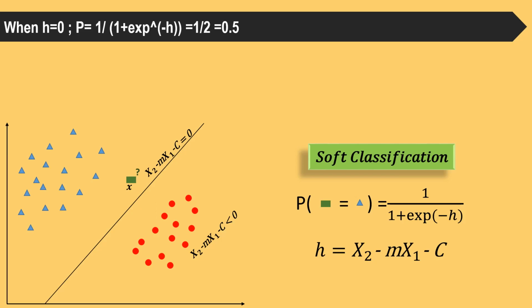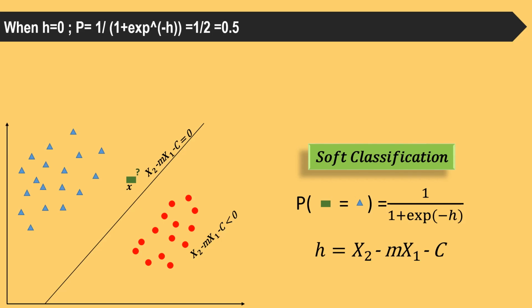When h is 0, the exponential term becomes 1, so 1 divided by 2 is 0.5. So the probability of the new point is 50% that it may go into the blue group, or 50% that it may go into the red group.